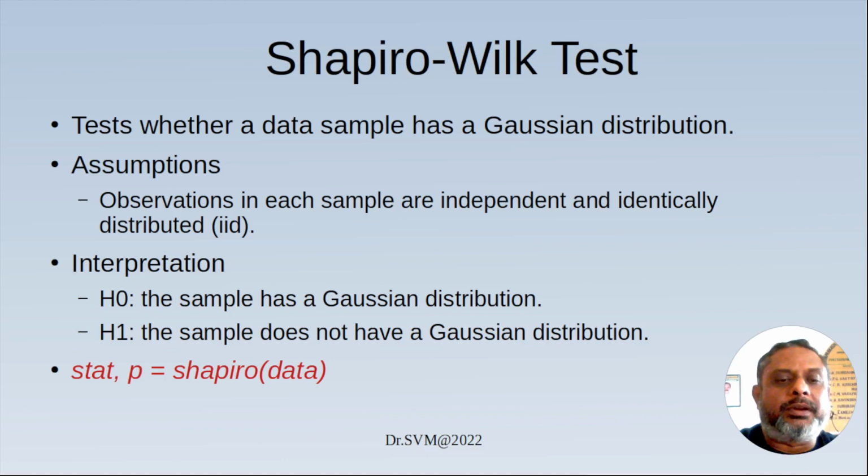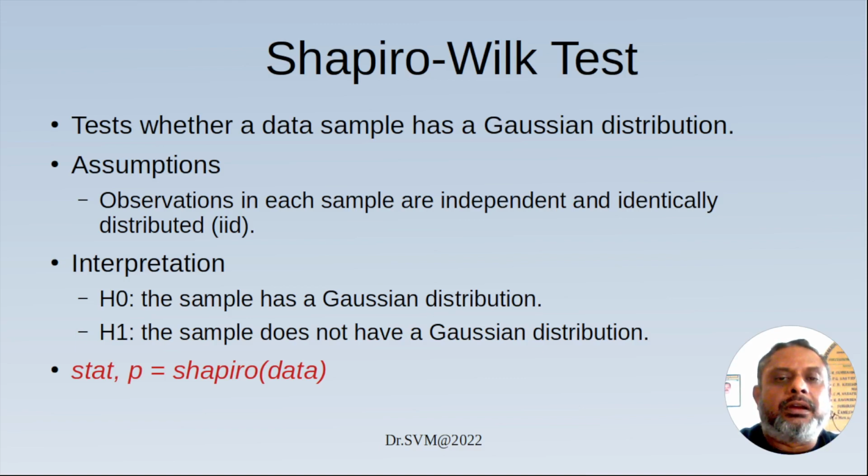Then, to interpret: the null hypothesis says that the sample has a Gaussian distribution, and the alternative hypothesis is that the sample does not have a Gaussian distribution. And we do have direct functions defined in Python, R, and all statistical programming languages.